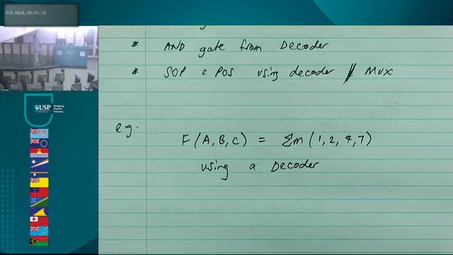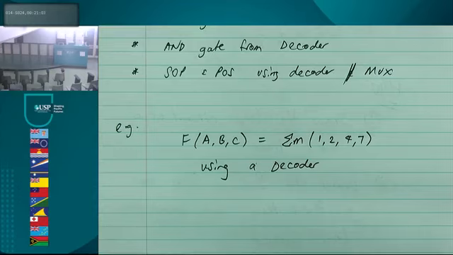If we were to use a mux, it's very easy, right? Now, together with the decoder, what else would you need? A decoder alone won't be able to fix your problem. You need an AND gate.